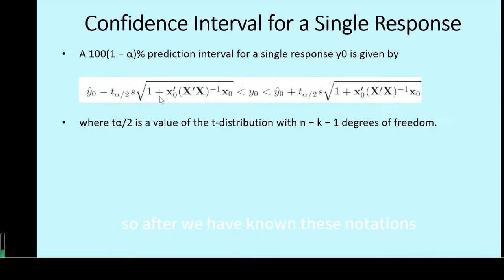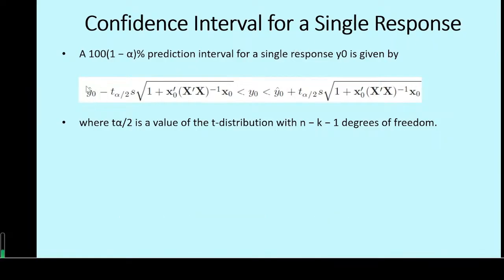So after we know these notations, the point estimate for a single response of Y is actually the same as we just fill in the coefficients and X matrix and multiply together. So we can get Y hat or Y0 hat. This is the point estimate for a single response.